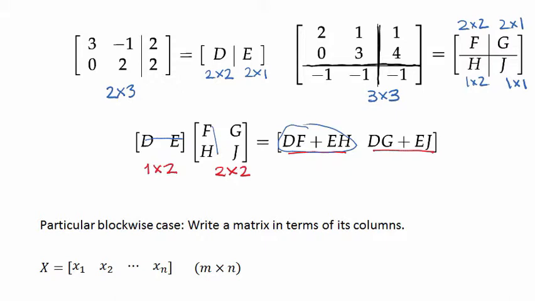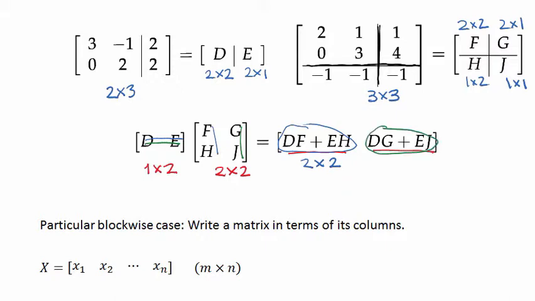Now D, remember, is 2 by 2, and F is also 2 by 2, so DF is 2 by 2. E is 2 by 1, and H is 1 by 2, so EH and DF are both 2 by 2, so the whole thing here is a 2 by 2 block. The only way you can add matrices together is if they're exactly the same size. Similarly, on the other block, I have [D E] times [G; J], so that's DG plus EJ.